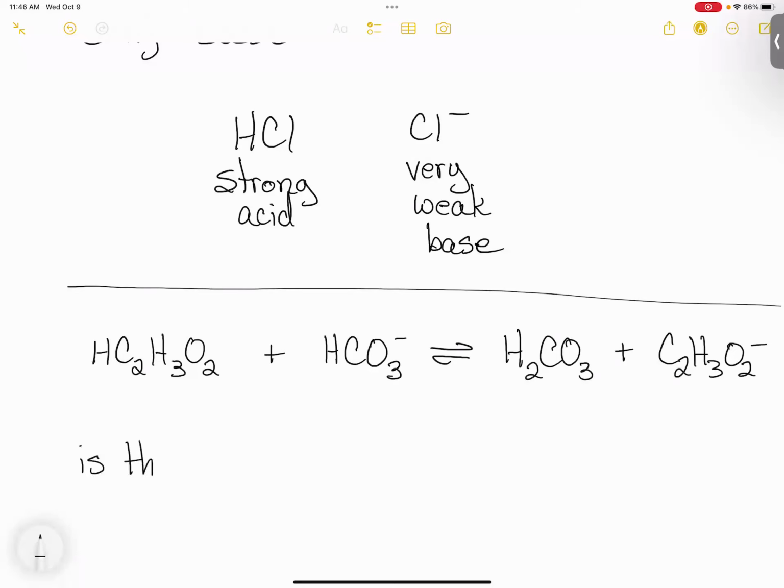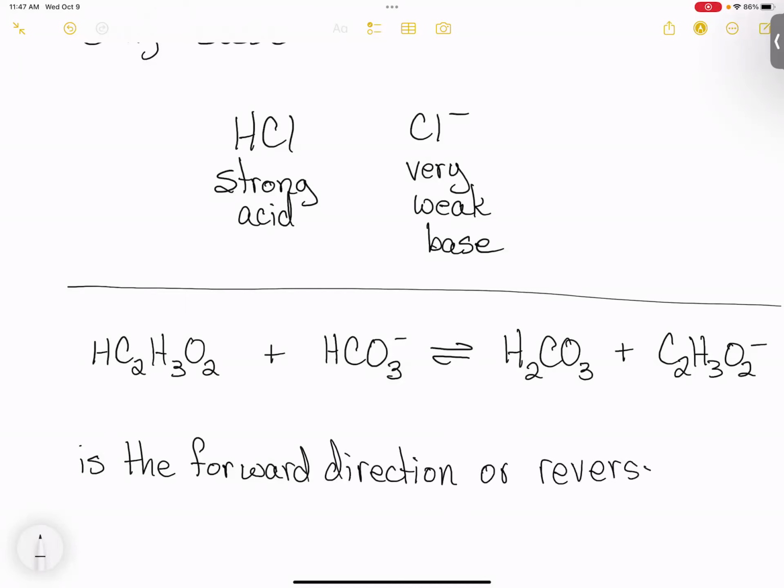Is the forward direction or reverse direction preferred?